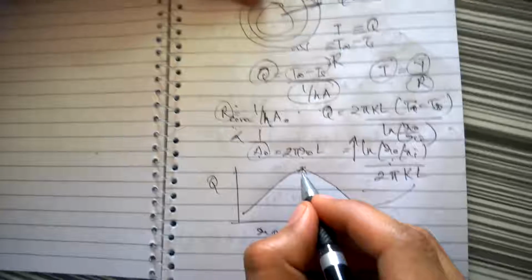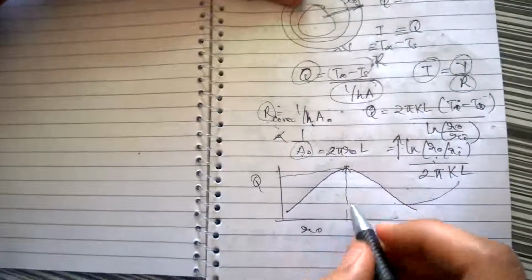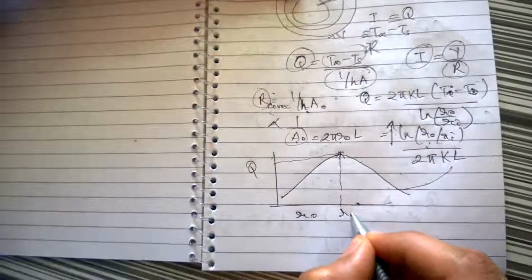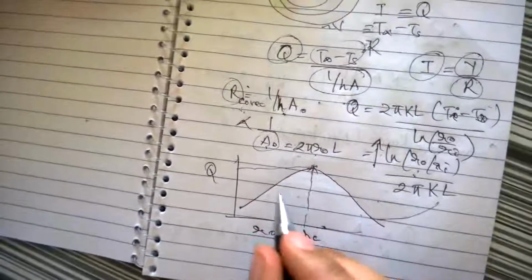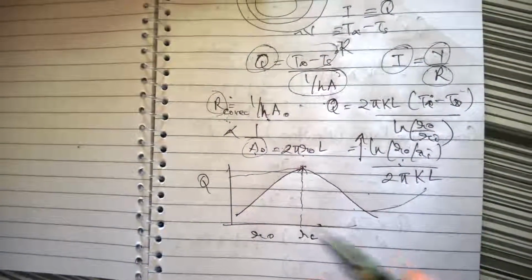This point, where you have maximum heat transfer in that system, is called the critical radius.